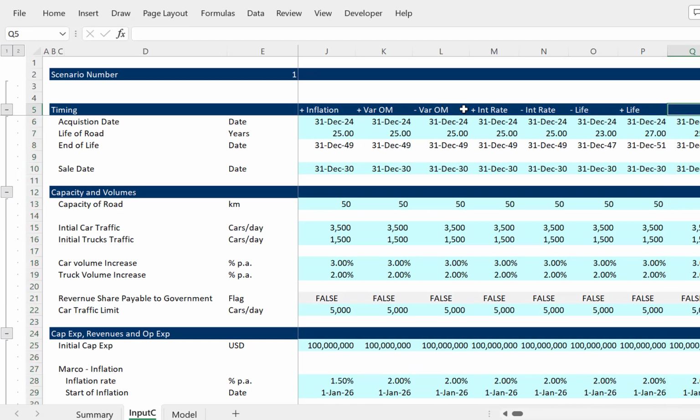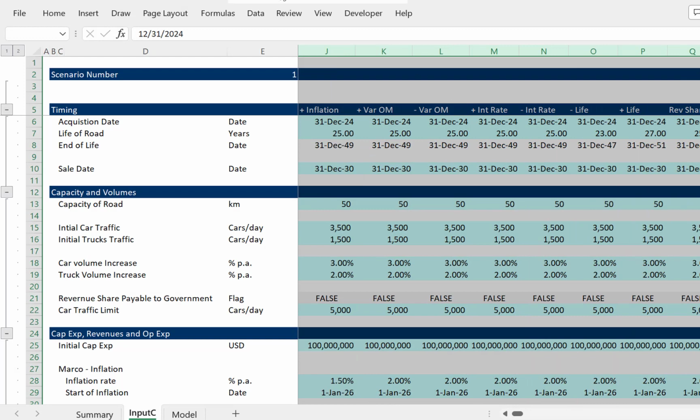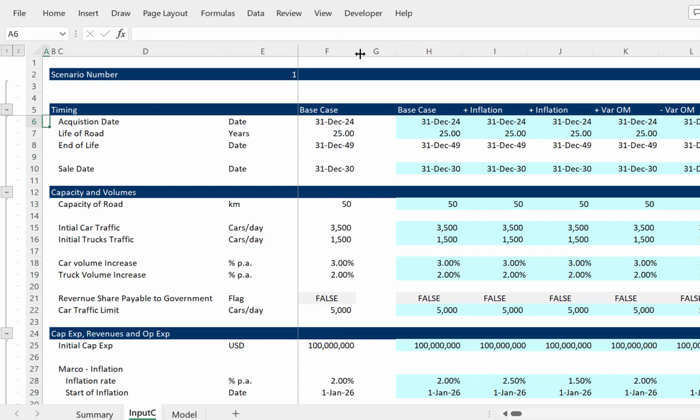But we'll take our base, we'll just put revenue share pay. Okay, why don't we just make them a little wider? Stop worrying about stupid little formatting things, okay? All right, so we have all of our cases.